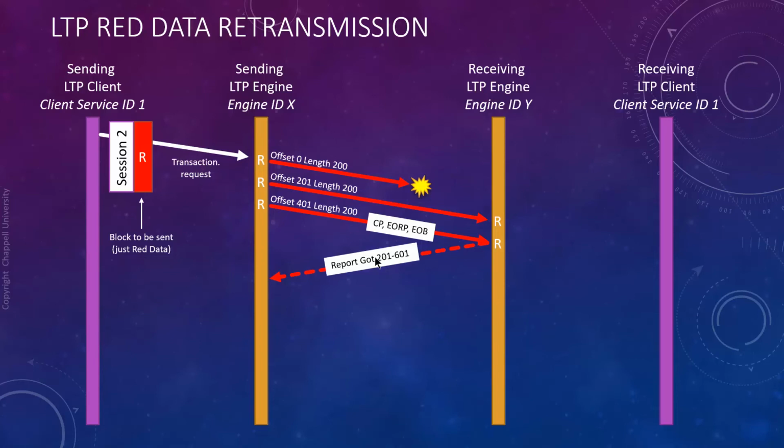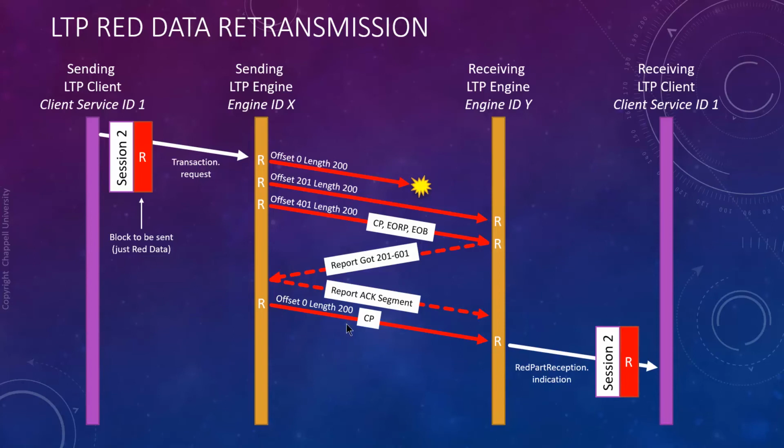So this is acknowledging in this claim section this portion right here. That's an indication to the sender that we're going to have to retransmit that. The originator of this session will send back a report ACK segment, and they will be correlated based on the report serial number, and then it will send the missing segment, the missing piece.